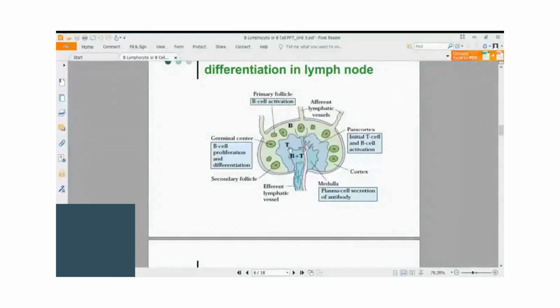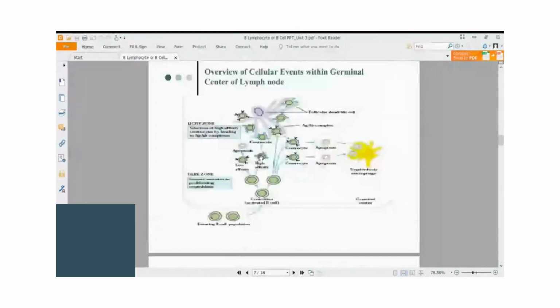Then once again, from paracortex area, when the cells which are now conditioned and programmed to develop the antibody against that particular antigen migrate from this area to the medulla area, initially they are also called centrocytes. Then they become the plasma cells. Please remember, the difference between centroblasts and centrocytes is that centrocytes do not divide, centroblasts divide.